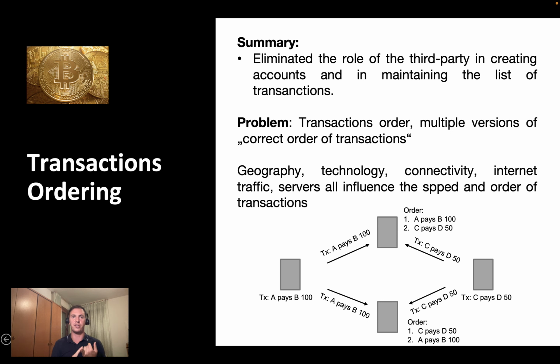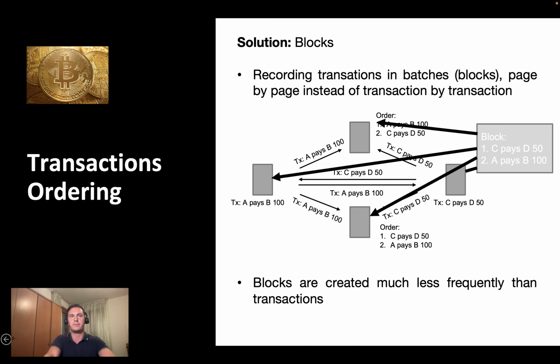Geography, technology, connectivity, internet traffic, and servers all influence the speed and order in which transactions originating anywhere in the world manifest themselves everywhere else. An ordered list of transactions in London is going to be very different from someone else's list, even next door, let alone in faraway places like Lagos, New York, Auckland, and Nairobi.